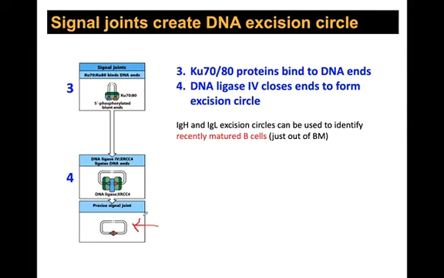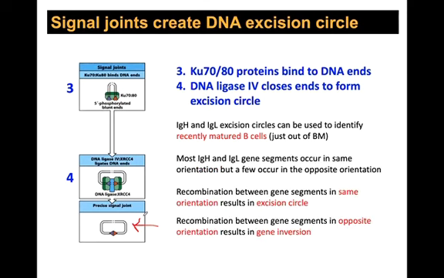Now, you can actually use this to identify recently matured B cells that have just come out of the bone marrow, because they have excision circles for the heavy and light chain, and they have not yet degraded them. So that's one way to identify this is a new B cell. This has given us estimates of the output number of B cells, how fast we're developing B cell number outside of the bone marrow.